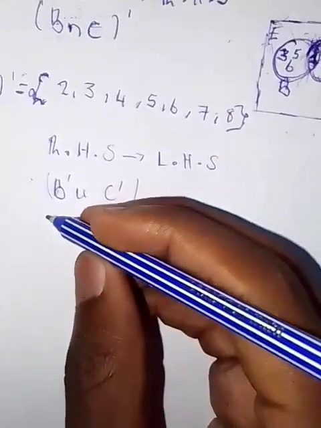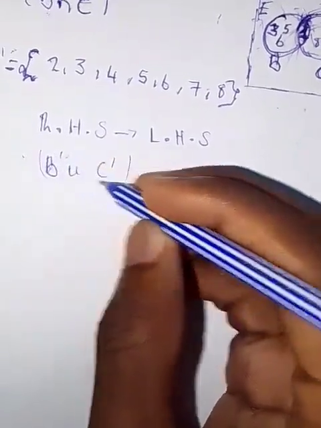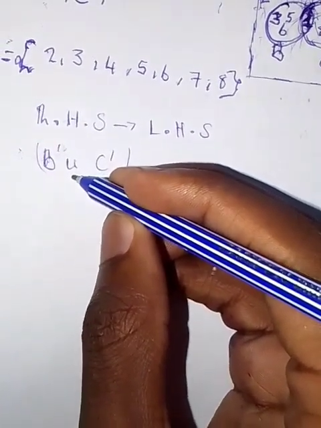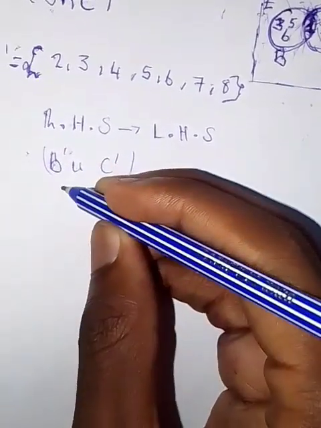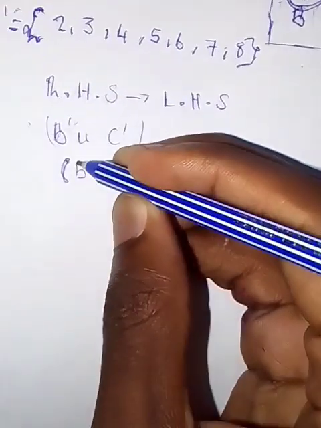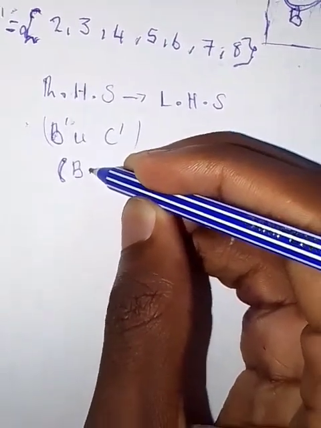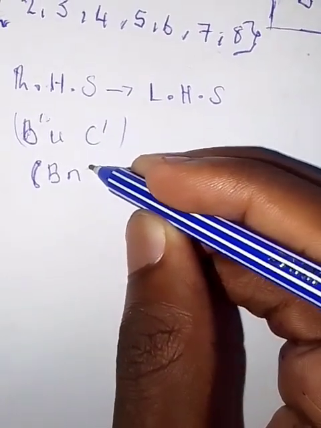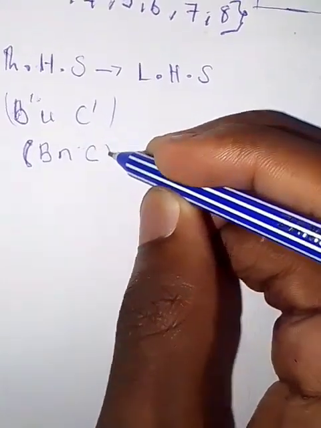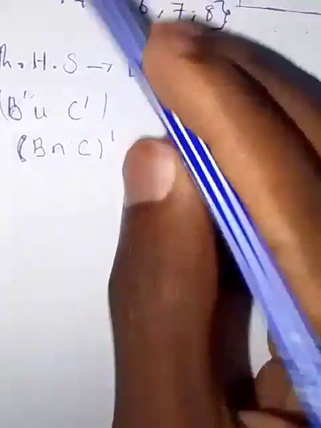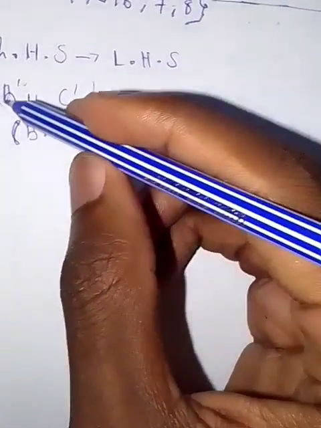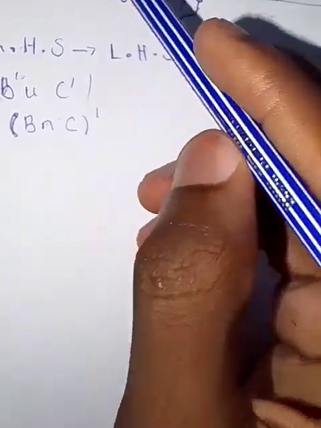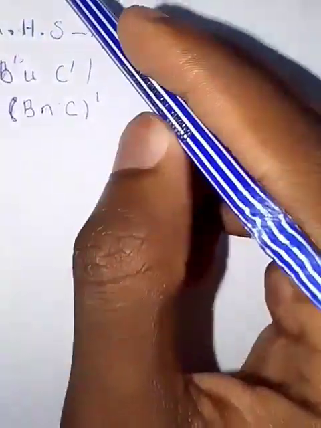If you want, you can simplify this further by just reversing the De Morgan's law principle. This can be reversed like this, and remember, this is going to change. See, we're still going to have the same thing. Basically, they just want you to show that it is still giving you the same set that it gave you at first.